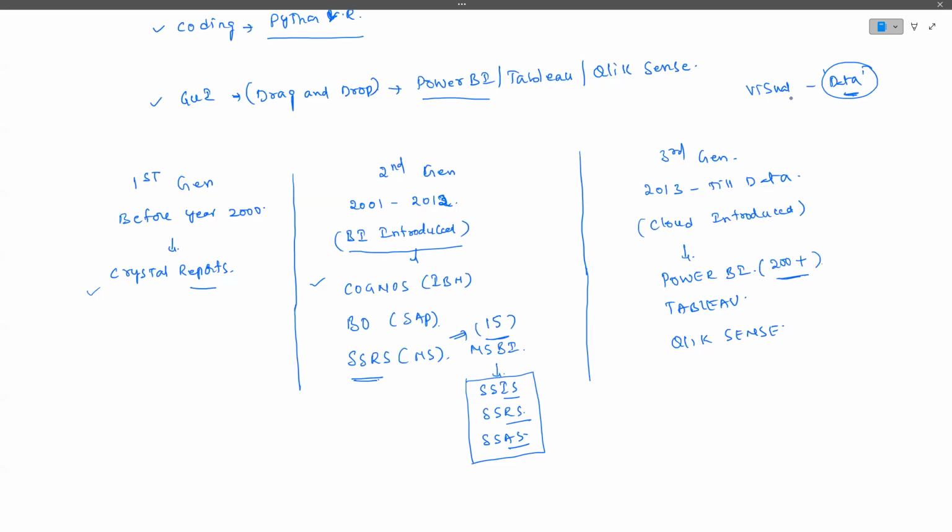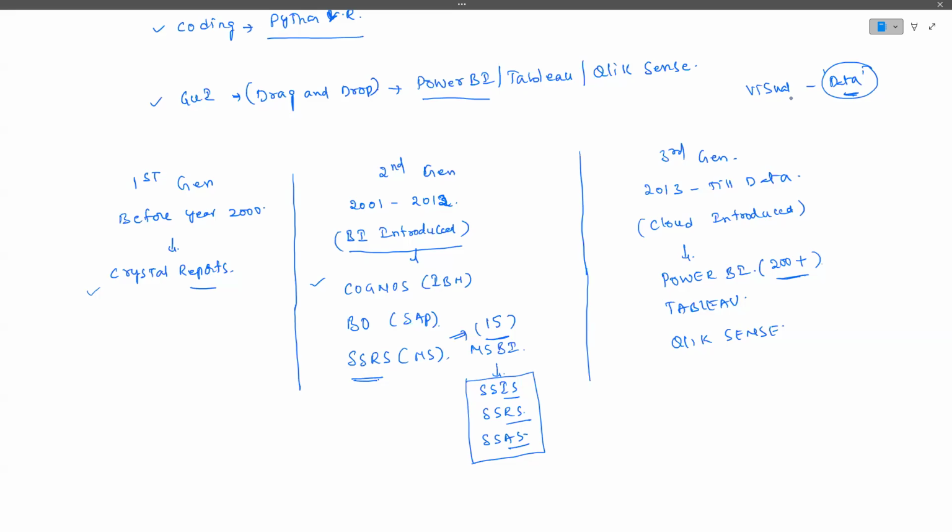Just compare. Power BI can connect and get data from 200 plus different types of data sources, whereas SSRS has only around 15 plus. That is almost 10 to 12 times, more than 15, which is more powerful than SSRS. 200 plus different sources, guys.